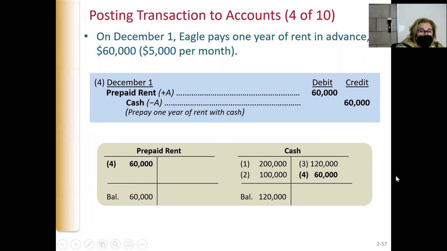We're using cash. So after this transaction, our cash balance has gone down again to 120,000. You guys making sense? Is this clicking? Any questions?